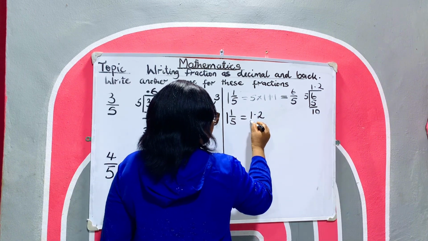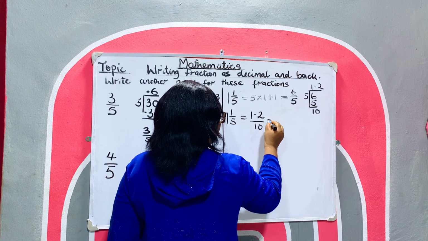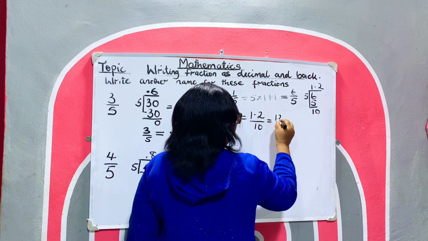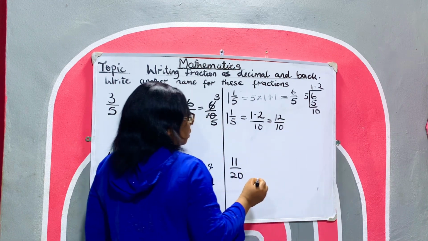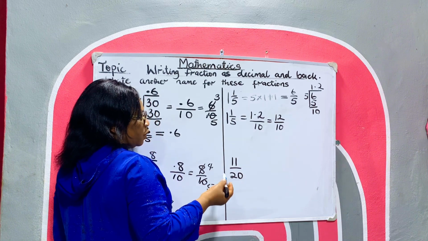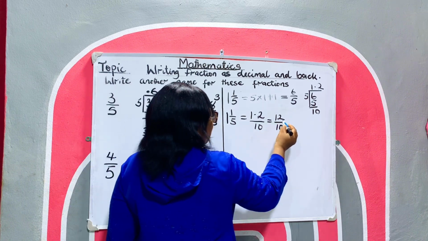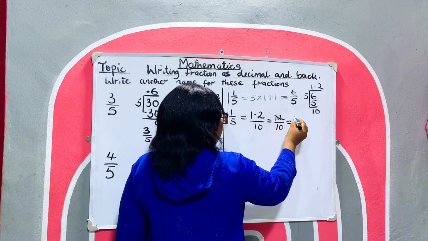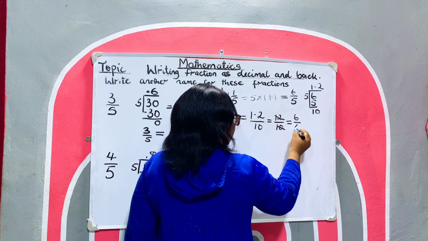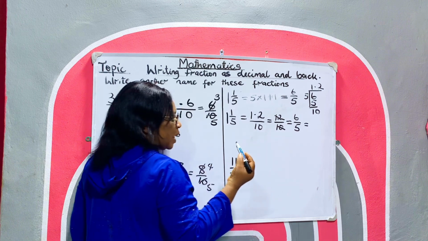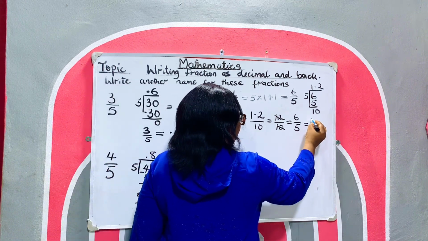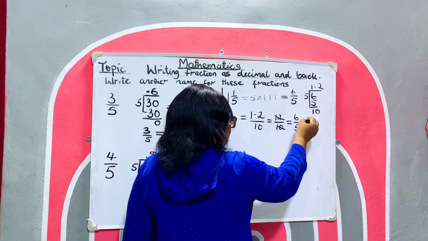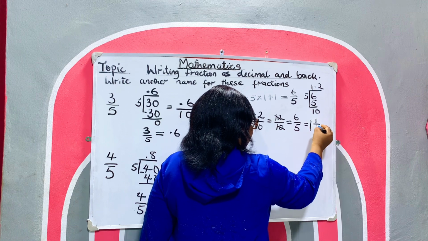And when we change it, we have 12 over 10. Good. You see, we have 12 over 10. We reduce it to its lowest term. 2 divide here will give you 6. 2 divide here will give you 5. And that will bring us to 6 over 5. 5 divide 6, we have 1, remainder 1.